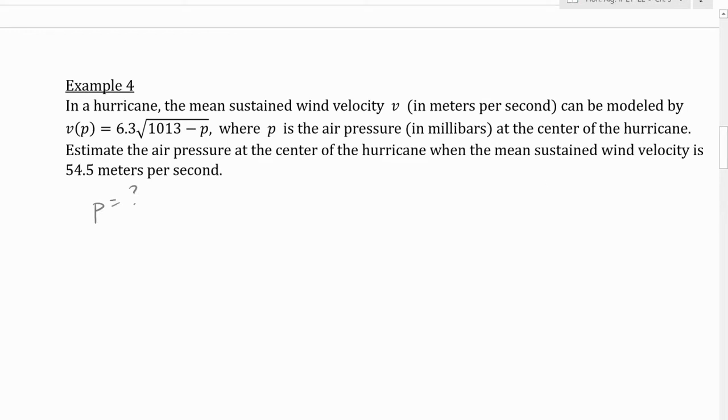When the mean sustained wind velocity is 54.5 meters per second. Okay, so let's take our equation and plug in 54.5 for the velocity.